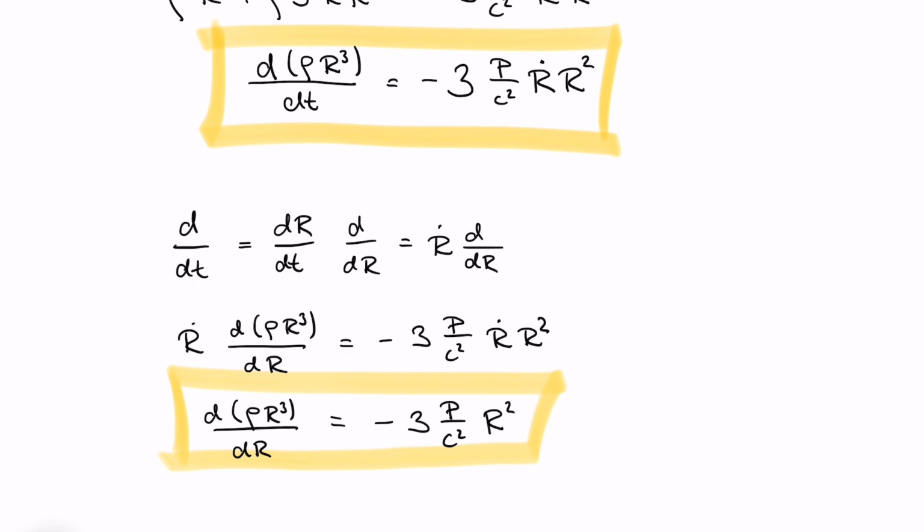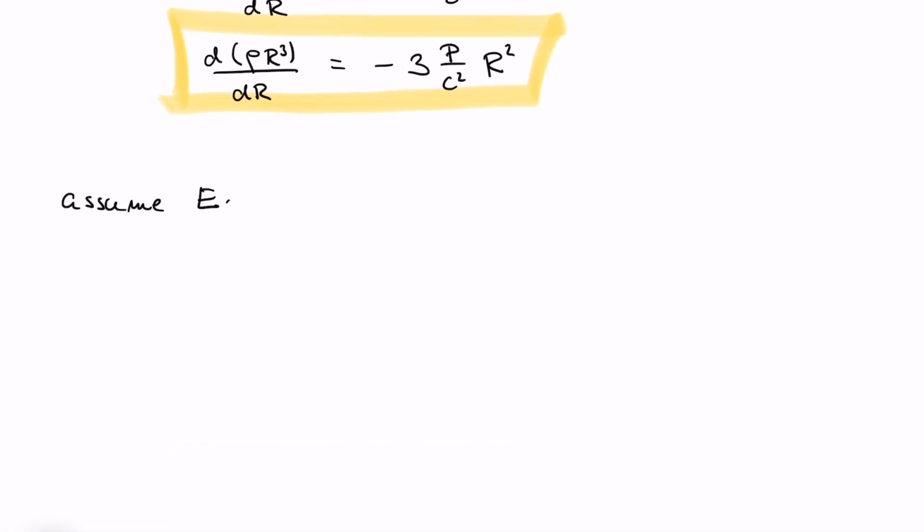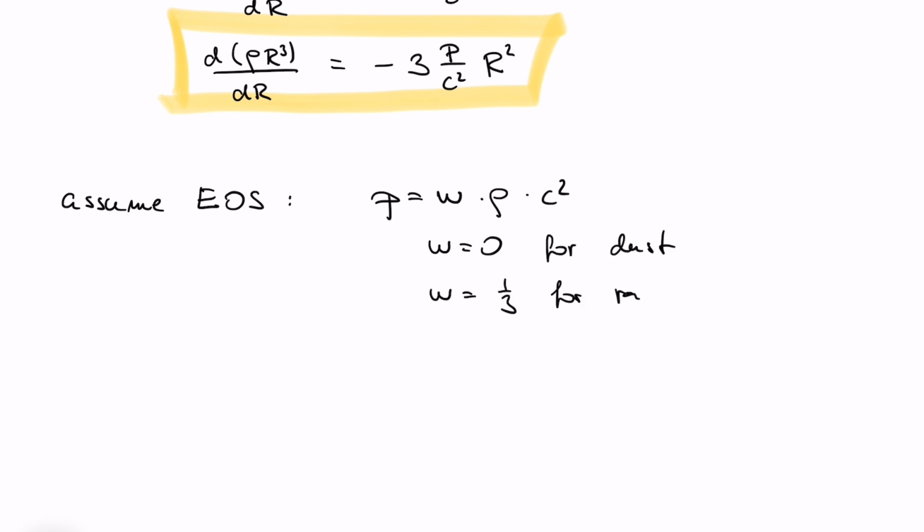To solve this, we need to know how pressure is related to the density, so we need the equation of state. We assume that it is proportional to the density. The particular choices would be W equal to 0 for dust, W equal to 1/3 for radiation, or W equal to -1 for vacuum with non-zero cosmological constant.